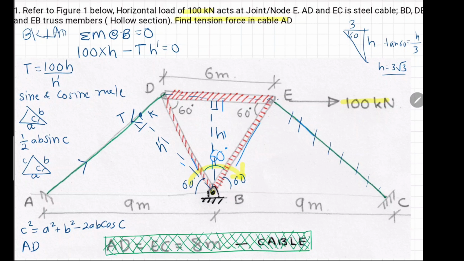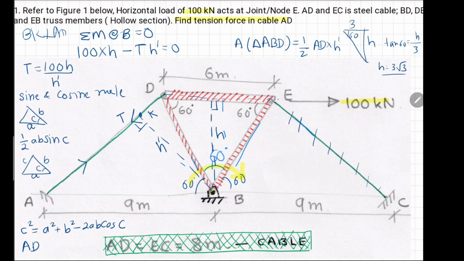Once we know AD and the area of triangle ABD using the sine rule, the area of the triangle is half AD into height H dash.